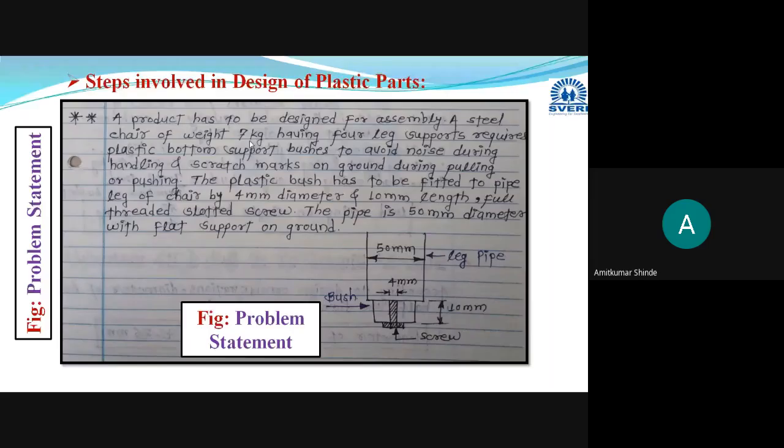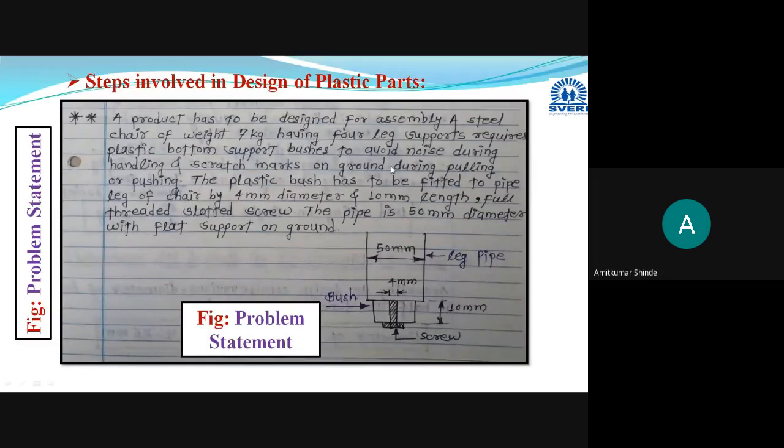Here they have provided a steel chair of weight 7 kg, and it has four legs. Four leg supports, and that leg support requires a bush with a boss to avoid the noise during handling and scratch marks.